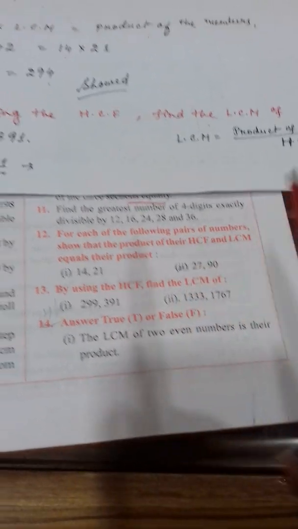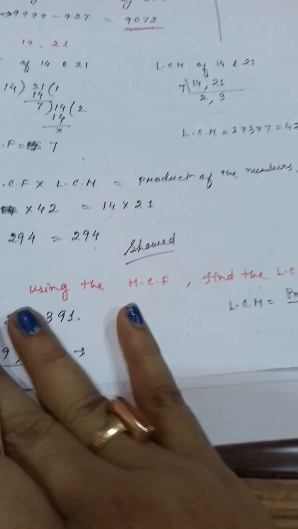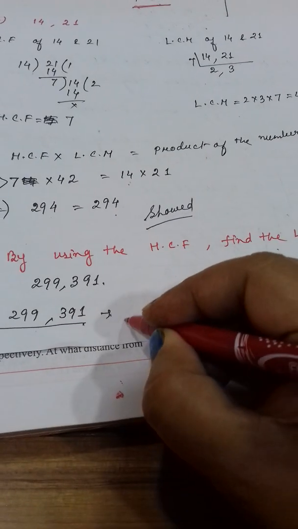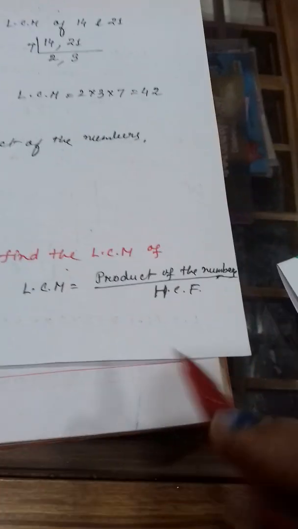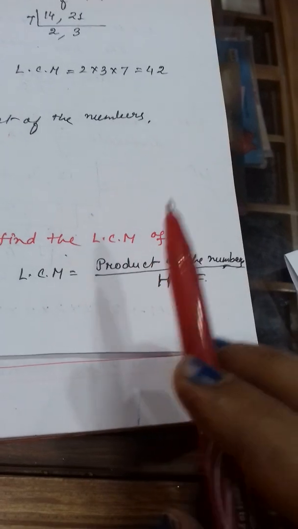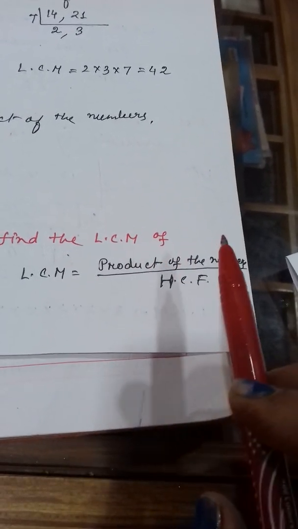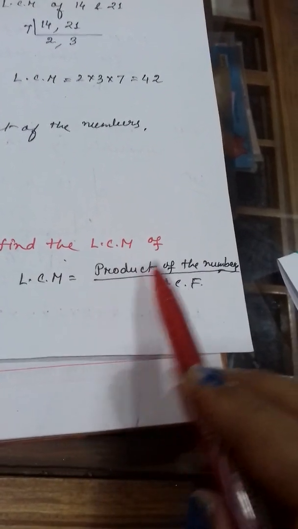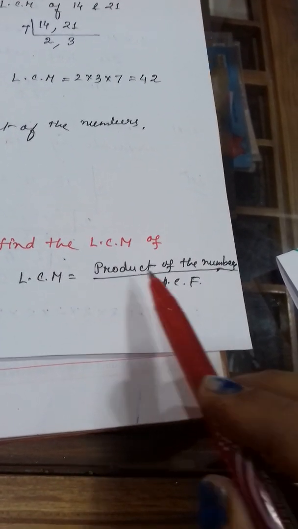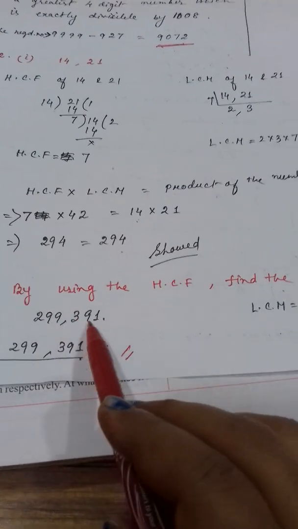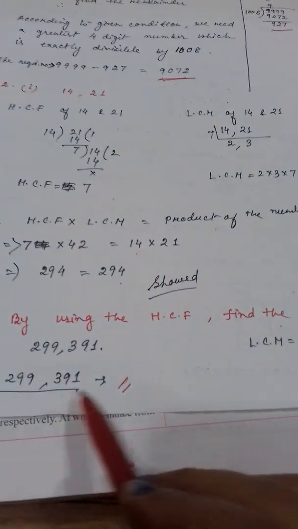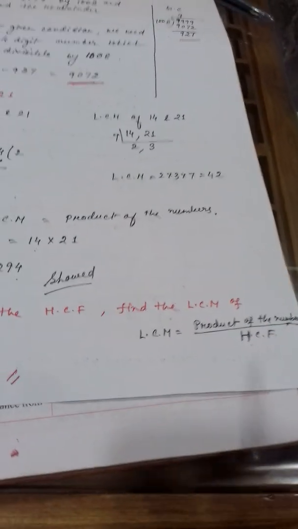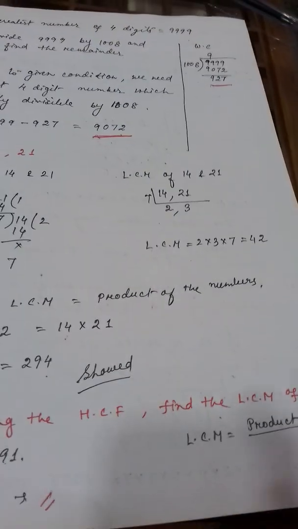If you have to find the LCM, then it is the product of the numbers divided by the HCF. The product means the two original numbers, and the HCF is whatever you get. After that, simplify, and whatever the answer is, that is the answer.